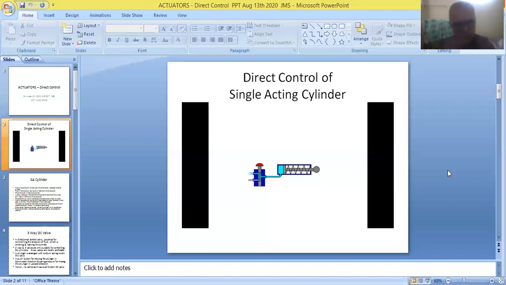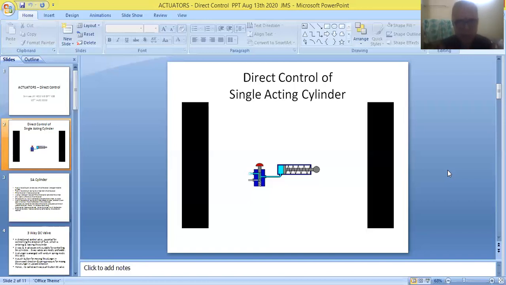So friends, these items, whether the DC valve or the cylinder, can be used not only in hydraulic circuits but even for operating pneumatic circuits.